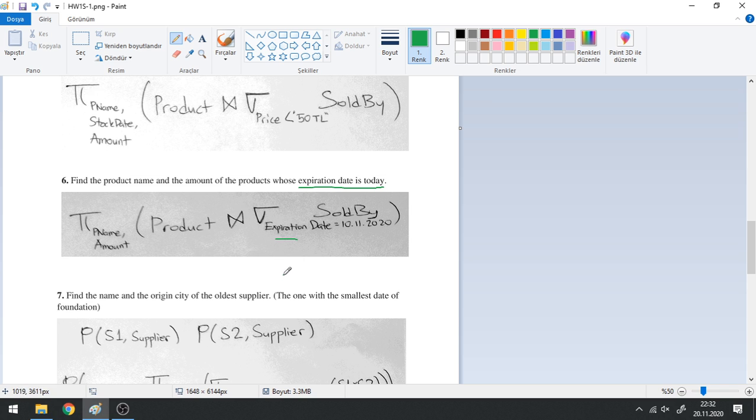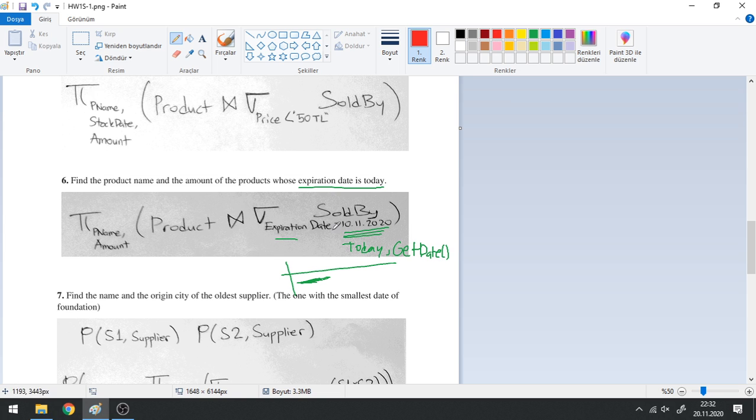So in our table, inside the sold by relationship, for the products that are sold by some supplier, we are keeping the expiration date, and this date should be equal to today's date. You can also write today instead of writing some date. You can write it as if it is a function, so get dates, for example. All of them, we accept them.